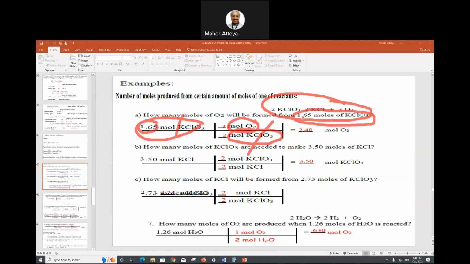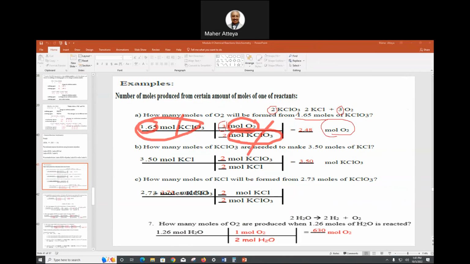If you look at this one here, you have 3 moles of oxygen to 2 moles of the reactant, so 3 to 2, correct? So 3 multiplied by 1.65, that was given to you, divided by 2 will give you the moles of oxygen. Right? That's the calculation.